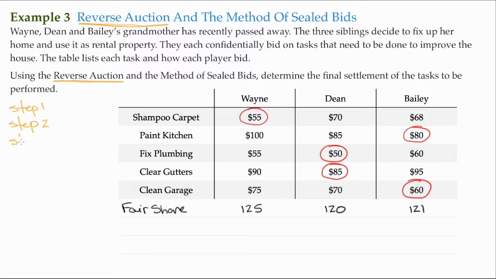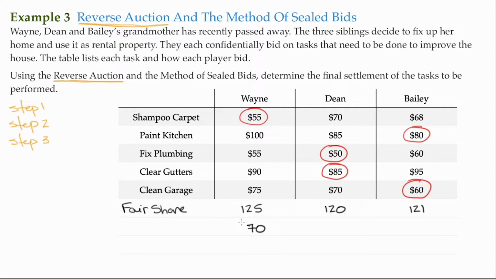Now the third step is the initial settlement. Who has to do what and who may owe money back to somebody else for the difference. So if you look here, Wayne said he would do $125 worth of the work, but he's only doing $55 worth. So he has to owe the difference back to everybody else. The difference between $125 worth of work and $55 worth of work is $70.